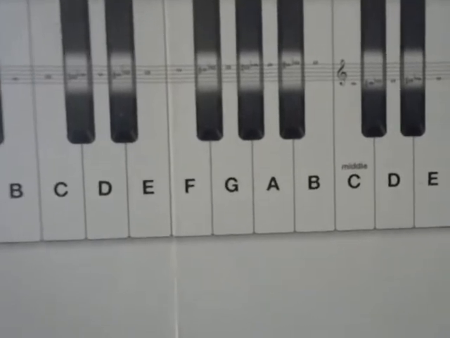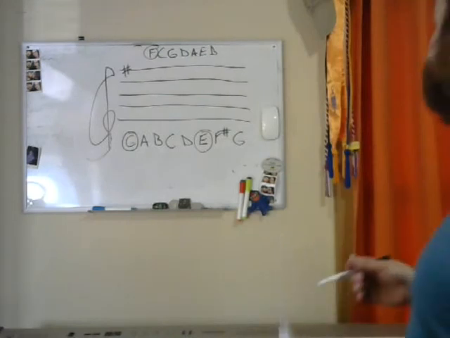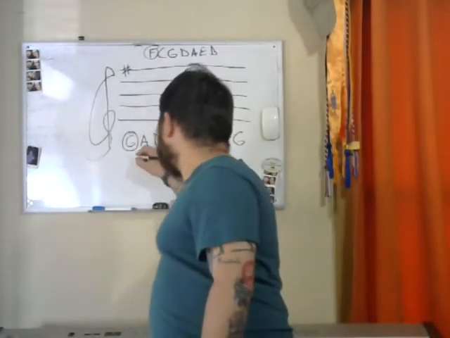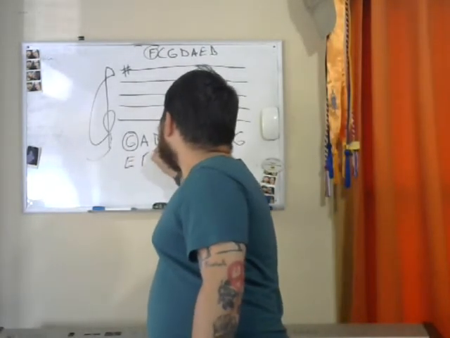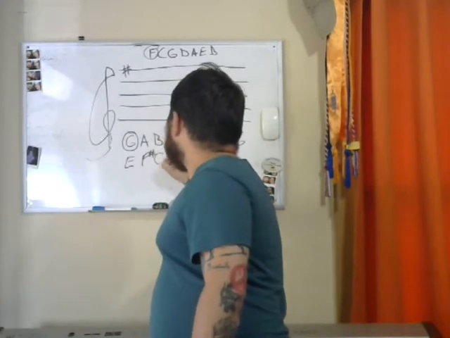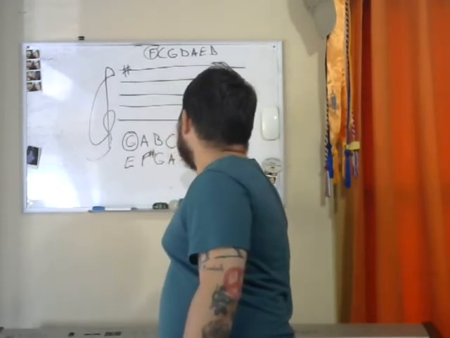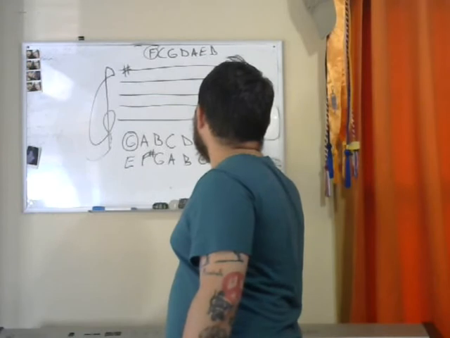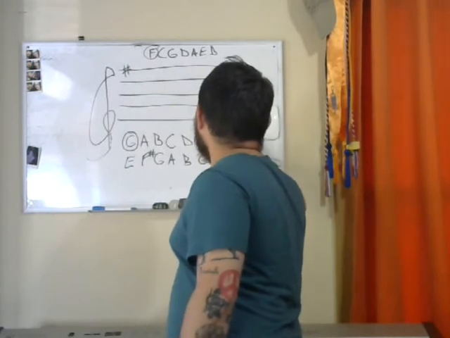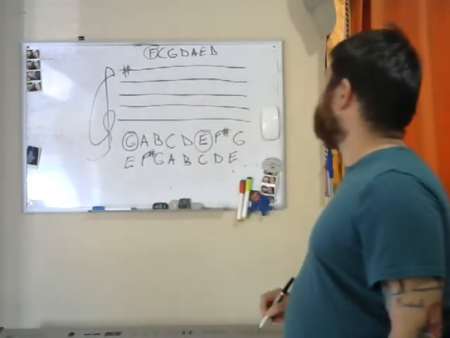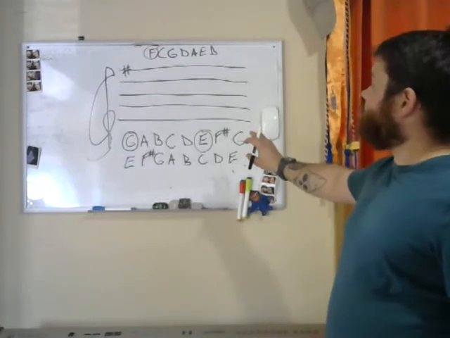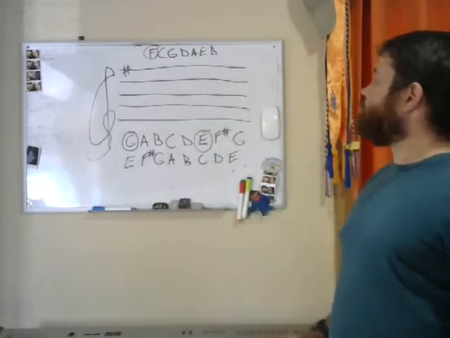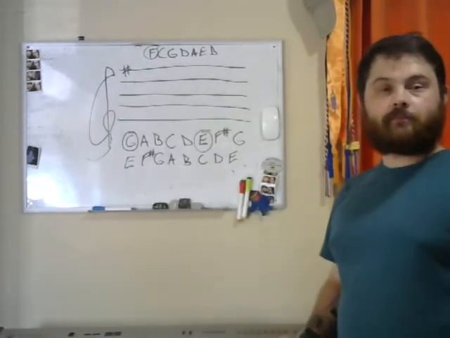So E minor is relative to G major, just like our 6th scale degree. So E, F sharp, G, A, B, C, D, E. Those 2 scales are represented by that 1 sharp written on the staff.